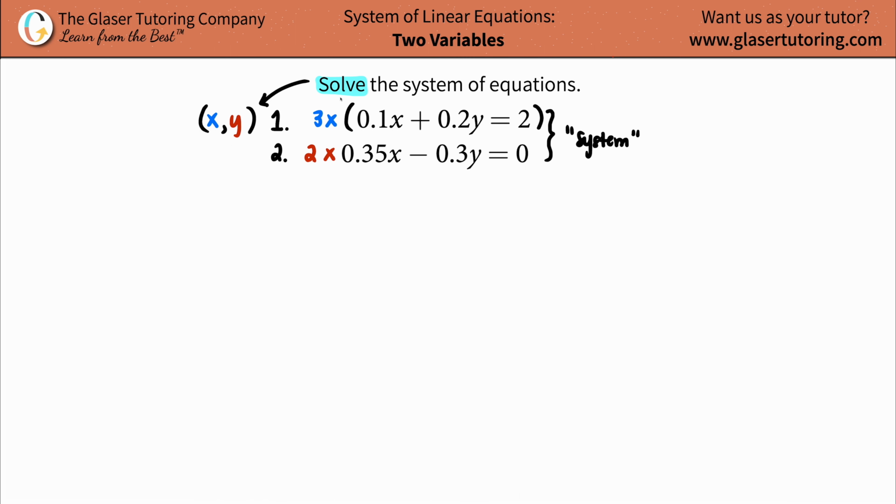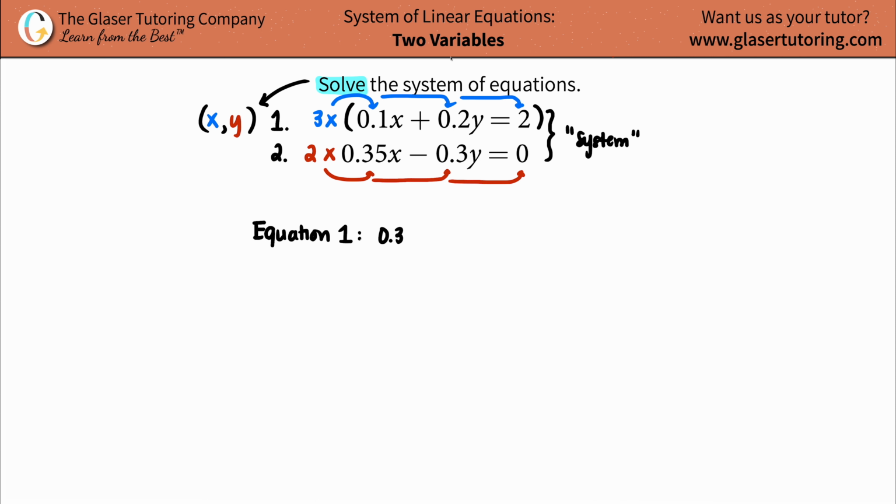But you've got to be fair. You have to multiply all values in equation 1 by 3. And you have to multiply all values in equation 2 by 2. So let's go for it. Equation 1. 3 times 0.1 is 0.3.